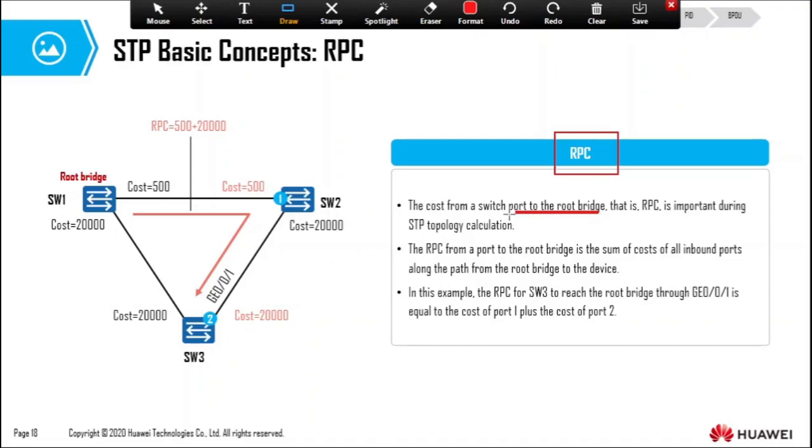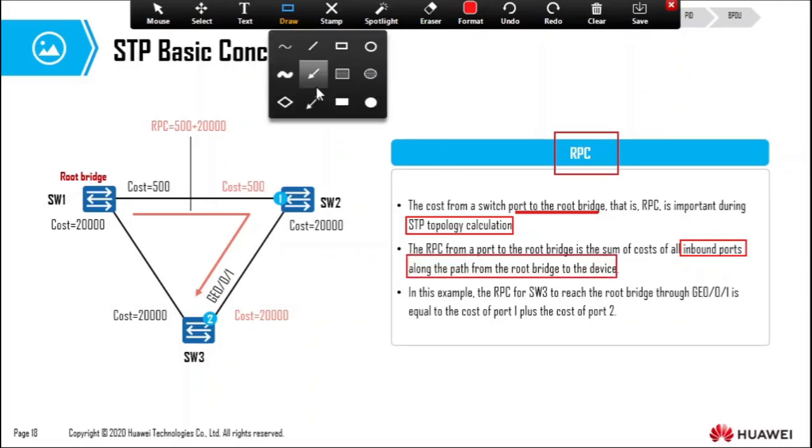It is important when we are doing STP topology calculation. So we are going to see how. The RPC from a port to the root bridge is the sum of all inbound port costs along the path from the root bridge to that particular device.